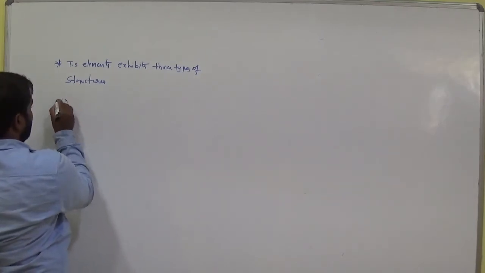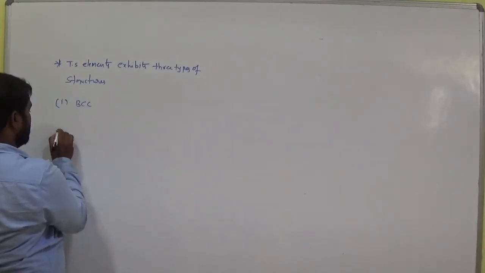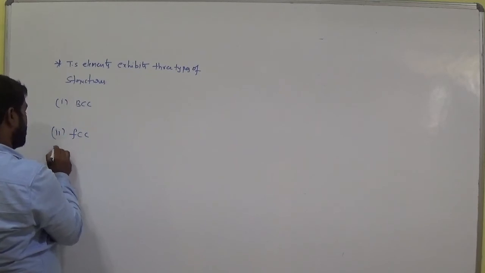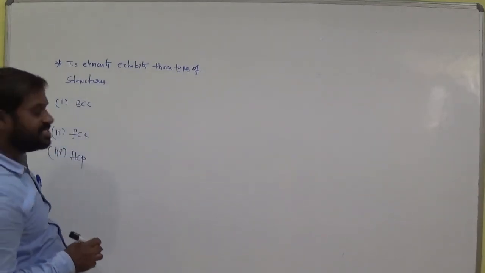So what are they? One is BCC type structure, second one is FCC structure, and third one is HCP structure. So what is the meaning of BCC structure?